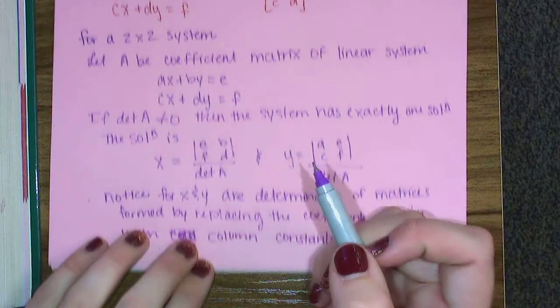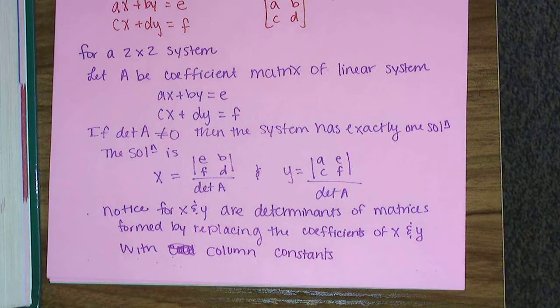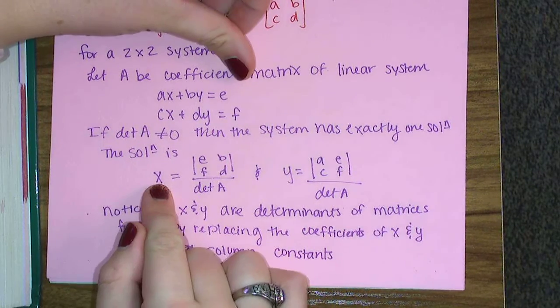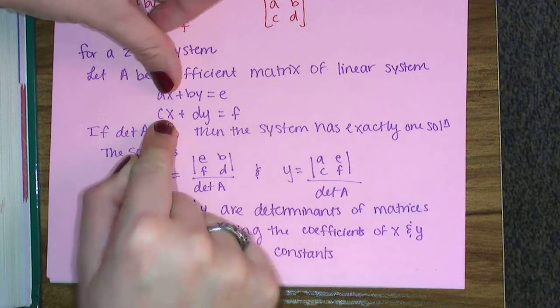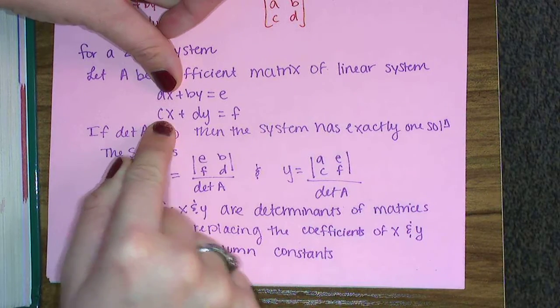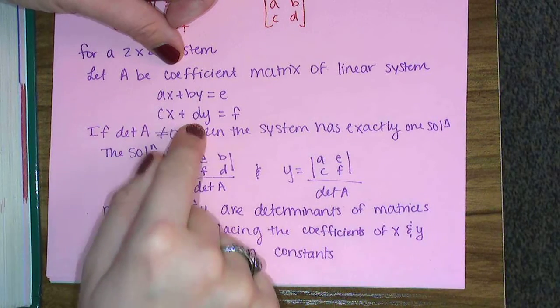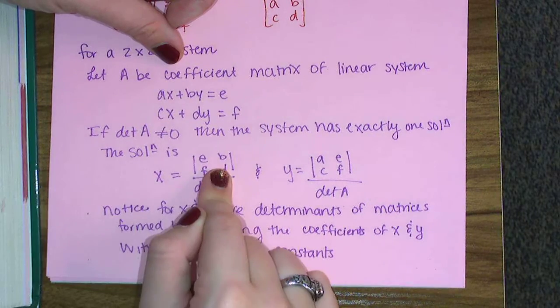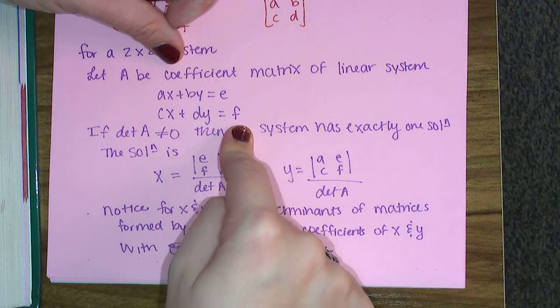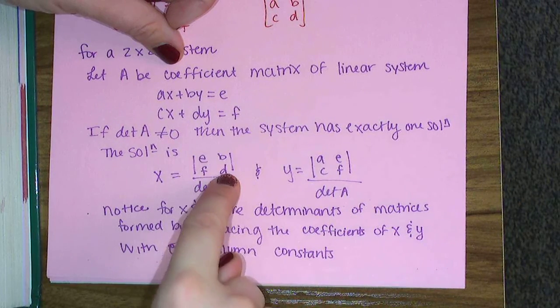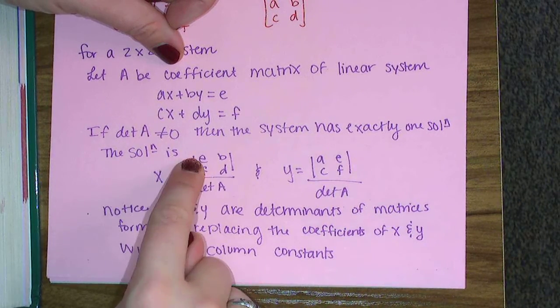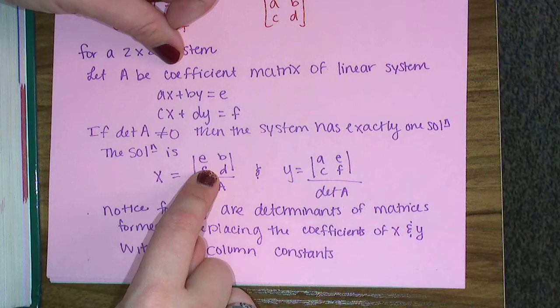So basically, just so you can see what's happening here, I want to know what X is, so I'm going to put these 2 values in for X, and then have the B and D copied down for the Y values. So I'm replacing my X values with the answers over here, and my Y values I copy down, and then I take the determinant of this, so ED minus BF.